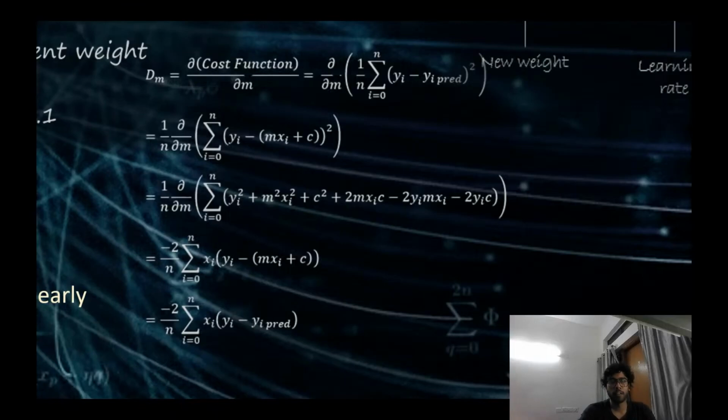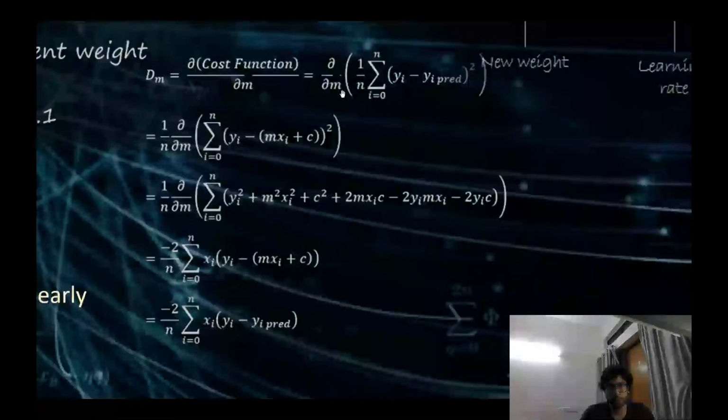So as I was saying, the cost function is this thing within the brackets: (yi observed minus yi predicted) whole square, summed over all the examples, divided by the number of examples. If you take the derivative with respect to weights, yi predicted in the case of linear regression is basically a simple straight line, y equals mx plus c.